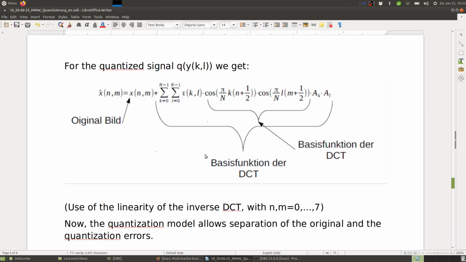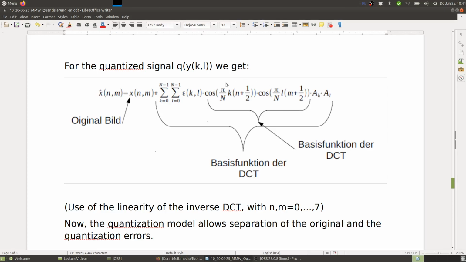Right? And that now shows us what happens. So the reconstructed image with the quantization error consists of the original plus the basis functions of the DCT with some random coefficients, right? So the noise that is introduced by epsilon is now appearing as random basis functions, or basis functions with random factors of the DCT. So this is what we can see here.